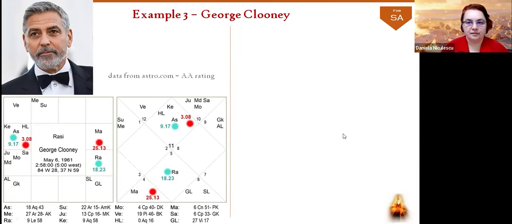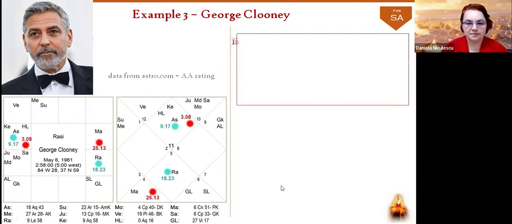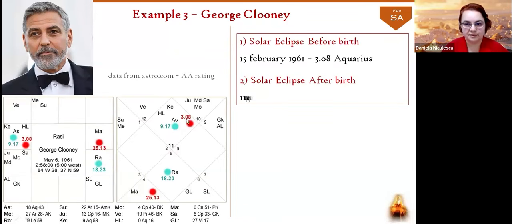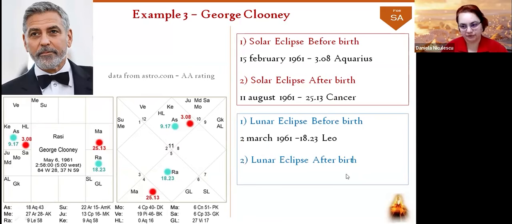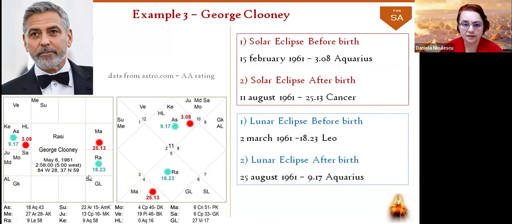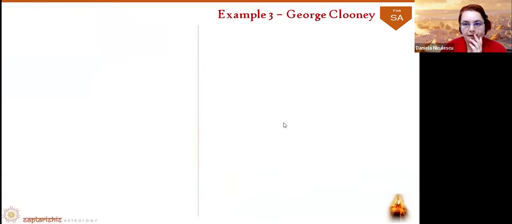His solar eclipses first, before birth and after birth, the red dots in the chart and the degrees, and then the lunar eclipse points before and after birth. So you have to write them down manually on a piece of paper. So this is his chart and where the sensitive points of the eclipses are.